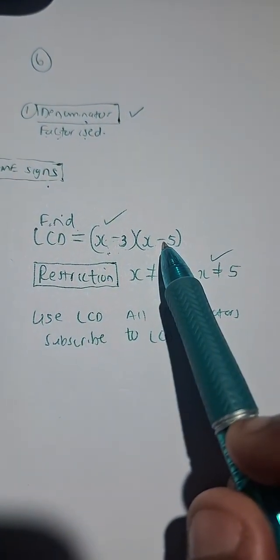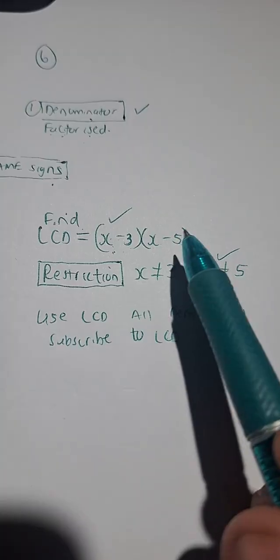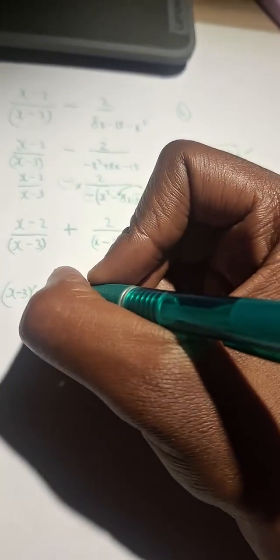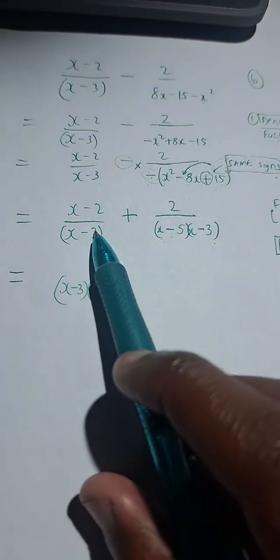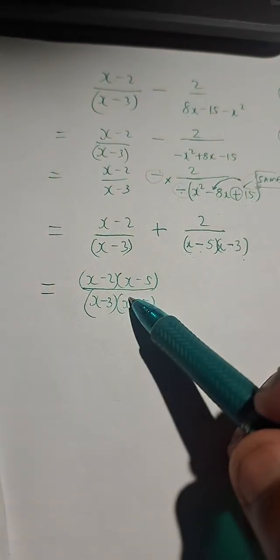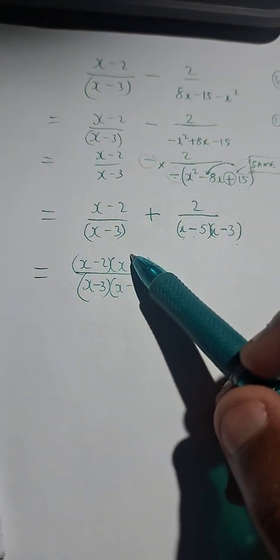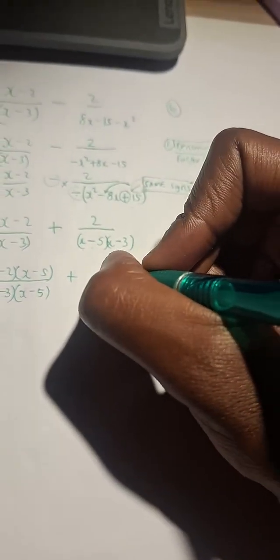Okay, so we need to multiply this denominator, which is x minus 3, by x minus 5. But remember, what we do at the bottom, we must do where? At the top. So if you multiply by x minus 5, it must be the same for the numerator there. We are done with the first fraction.